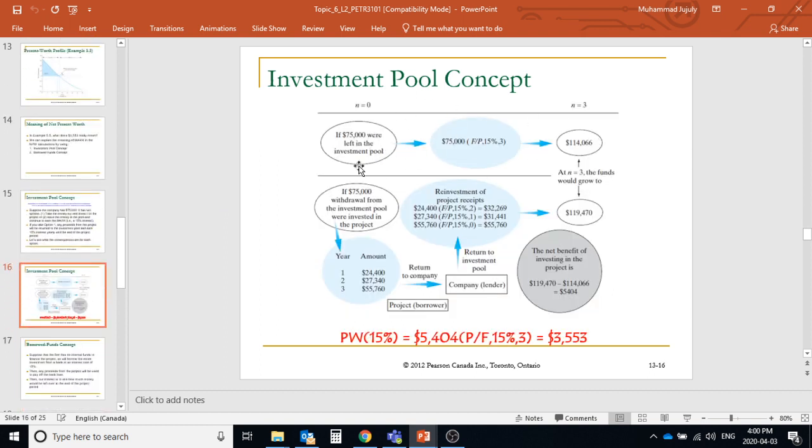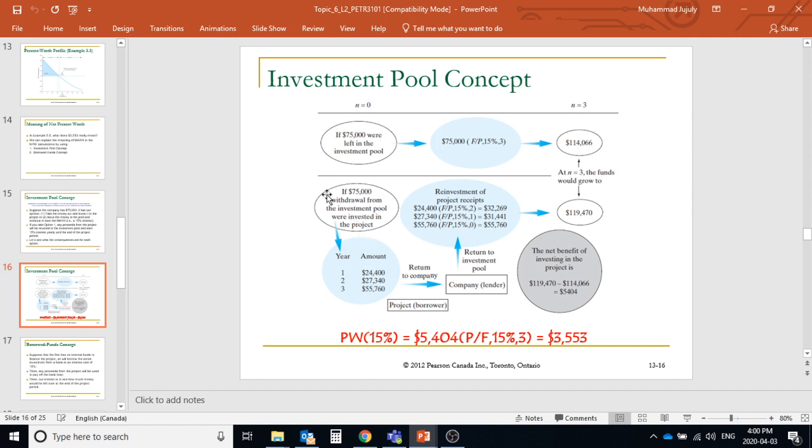Now in this picture you can see it's pretty straightforward. For a 3 year time period, if we just put the money in the investment pool and earn 15% MARR, so $75,000, 3 years later it becomes $114,000. Okay, a little bit over that money.